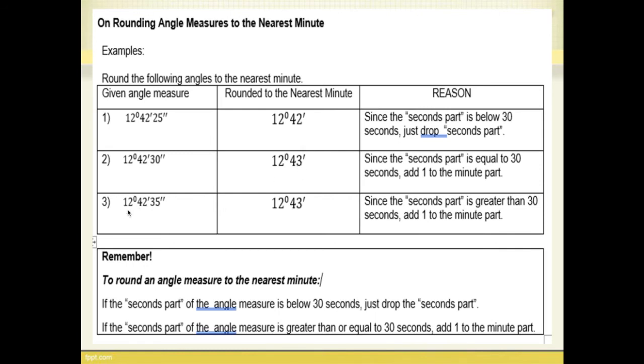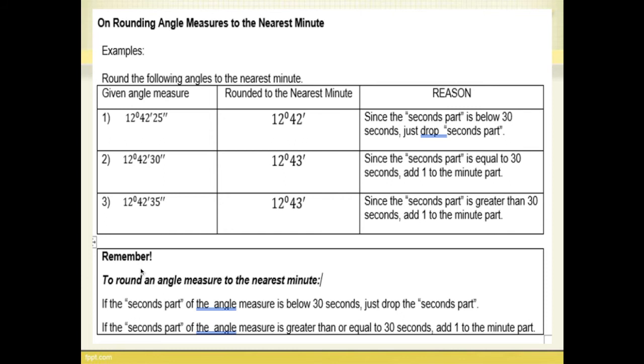Here in the third angle measure given, we have 12 degrees, 42 minutes, and 35 seconds. Rounded to the nearest minute, this is also 12 degrees and 43 minutes. Why? Since the seconds part here is 35 seconds, which is greater than 30 seconds, we will round up or add 1 to the minute part.